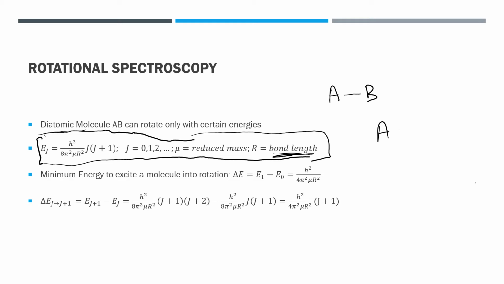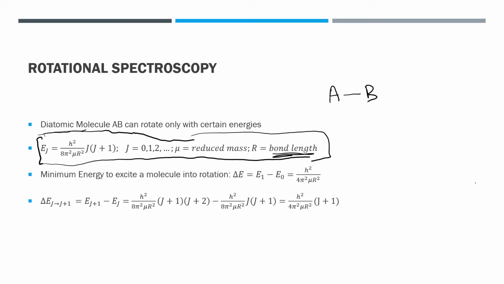Because if we think about moment of inertia, it's harder to rotate something that's longer than it is to rotate something that's shorter. So it makes sense that we would have bond length in this expression. The energy levels for rotation should have something to do with the bond length because the bond length affects how easy it is to rotate something.